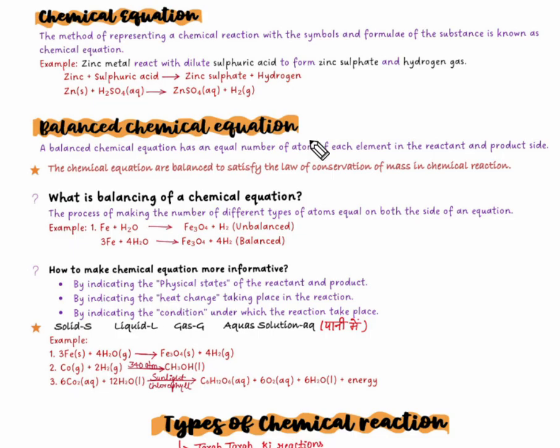Balancing a chemical equation is based on the law of conservation of mass, which states that mass can neither be created nor destroyed during a chemical reaction. Or in other words, we can say that the number of atoms of each element in the reactant and product side must be the same.